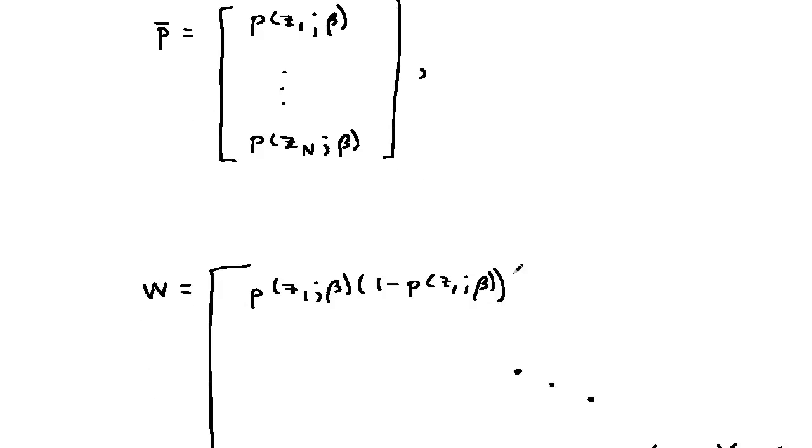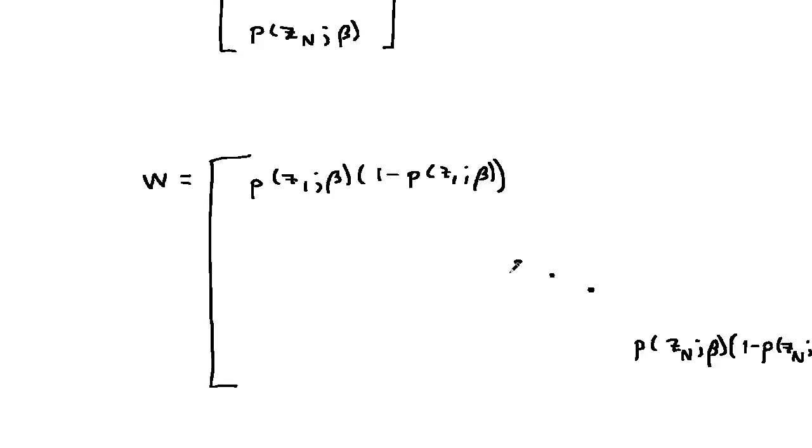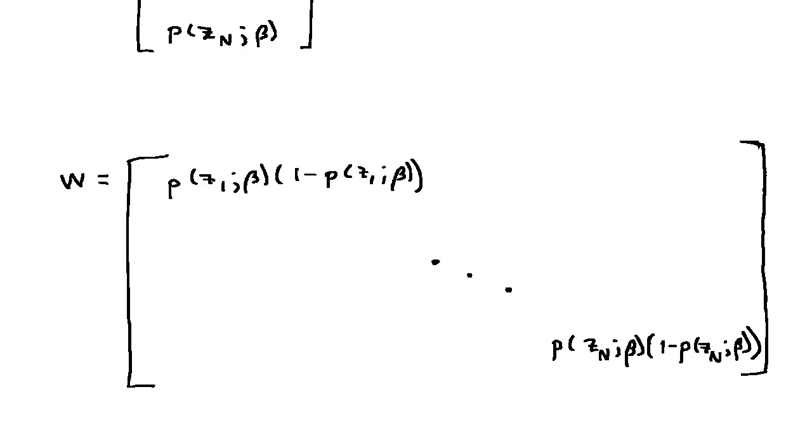Let p be p of z1 through p of zn, and let W be this matrix, a diagonal matrix with p of z1 times 1 minus p of z1, dot dot dot, p of zn times 1 minus p of zn along the diagonal.